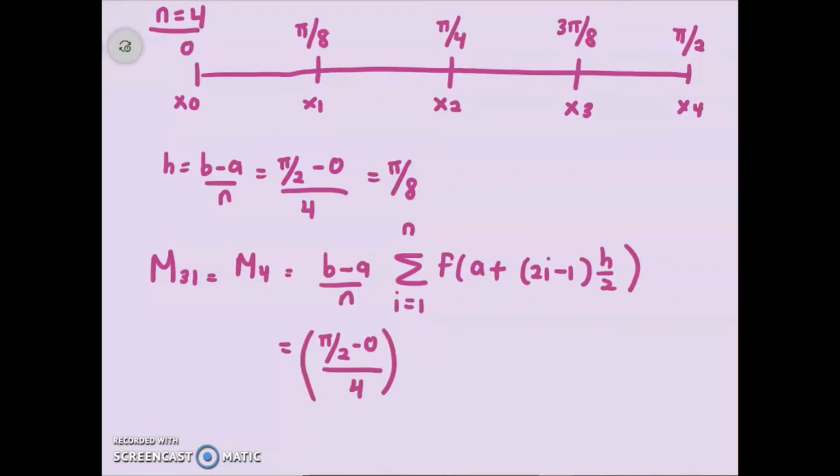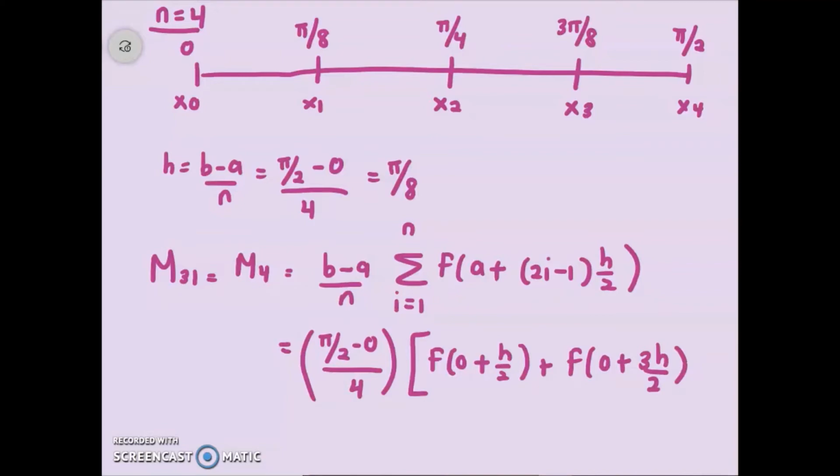Okay, and then let's look at i is 1. For i is 1, we have f of 0 plus h over 2. Now for i is 2, 2 times 2 is 4 minus 1, a similar thing. We have f of 0 plus 3h over 2.